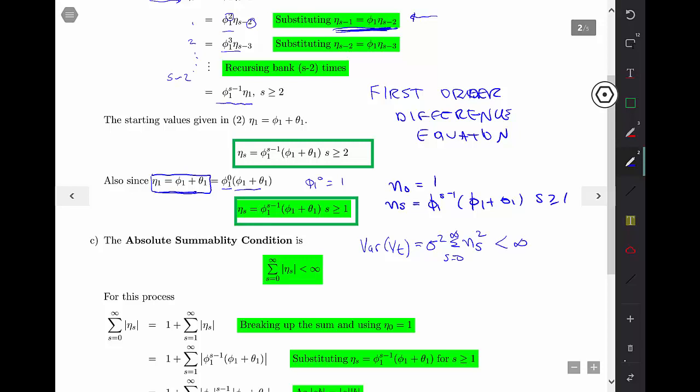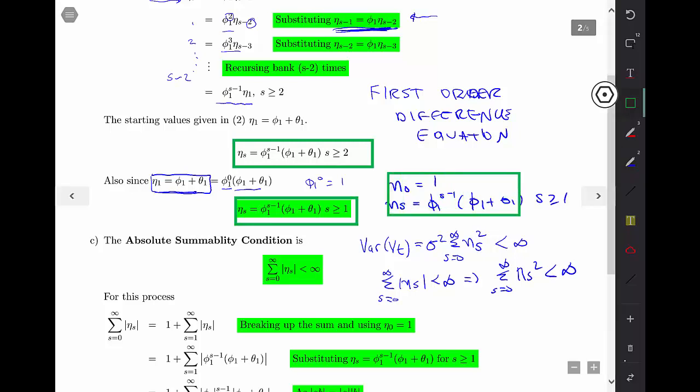We don't need to prove this, but we know the result that absolute summability implies what's called squared summability. So the reason we're doing this is we're showing the conditions under which the ARMA 1-1 will be stationary. We've expressed the ARMA 1-1 in its MA infinity form, i.e. we have all of the MA infinity coefficients.